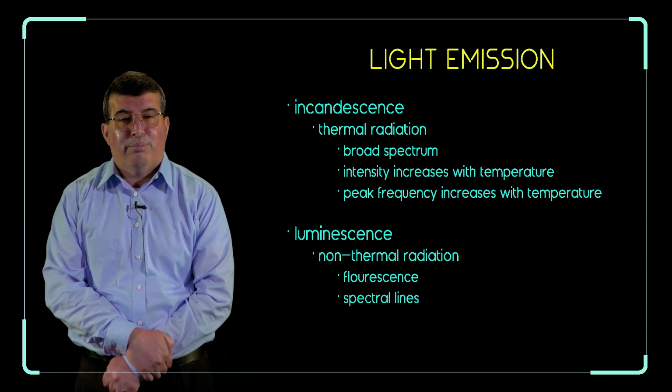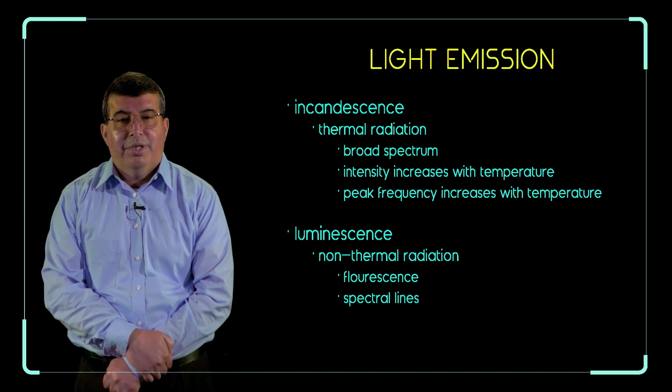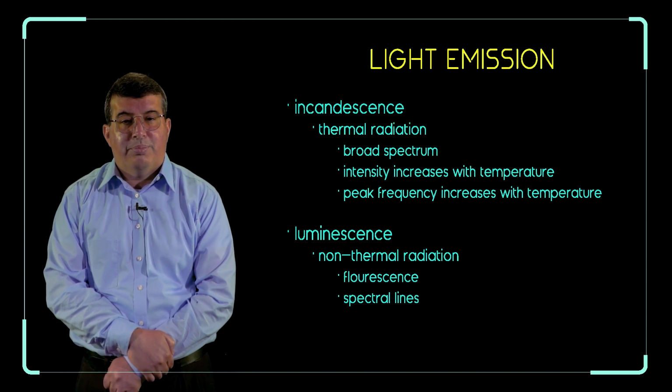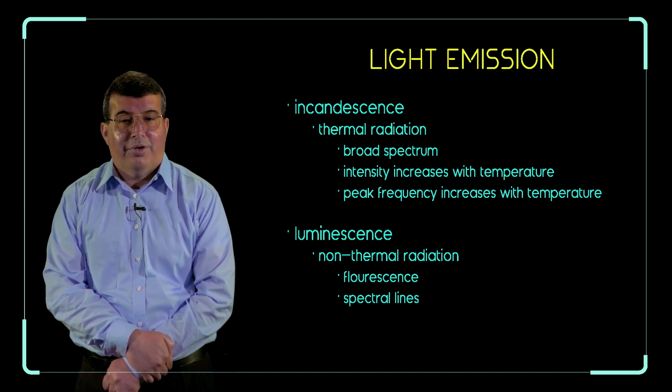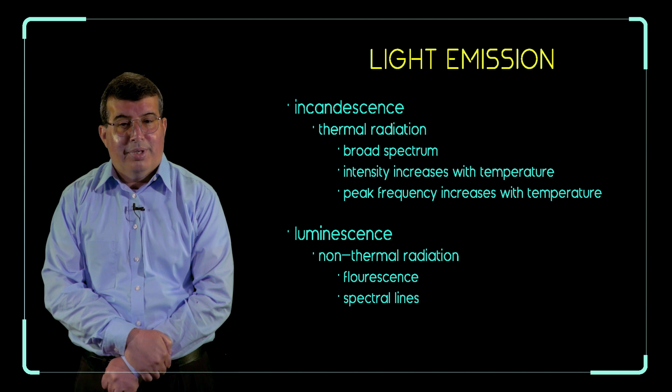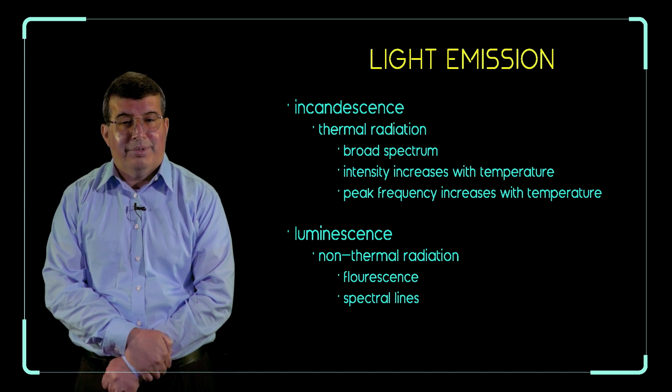So instead of a broad spectrum of light emission, you get very precise frequencies of light being given off, or very precise colors of light being given off. Let me demonstrate to you the difference between an incandescent light bulb and a fluorescent light bulb.